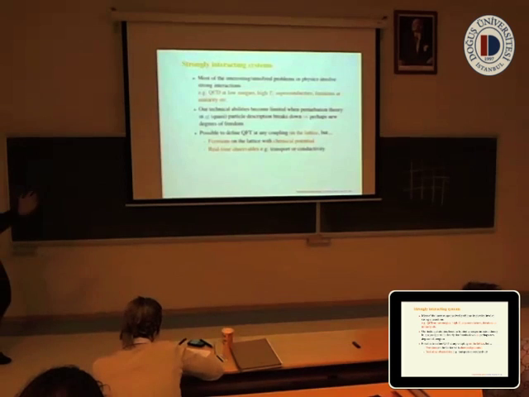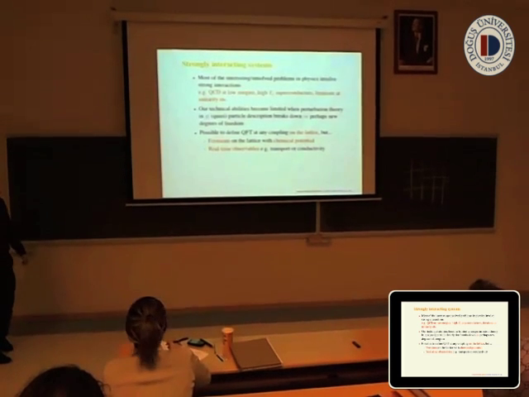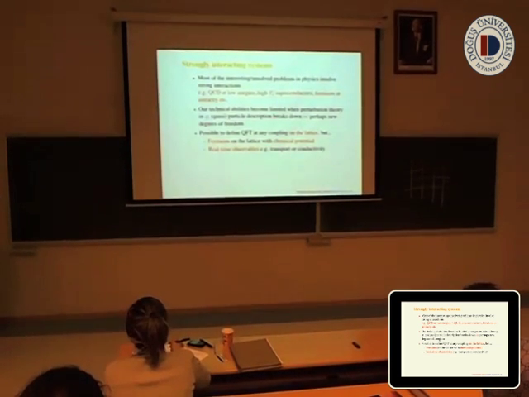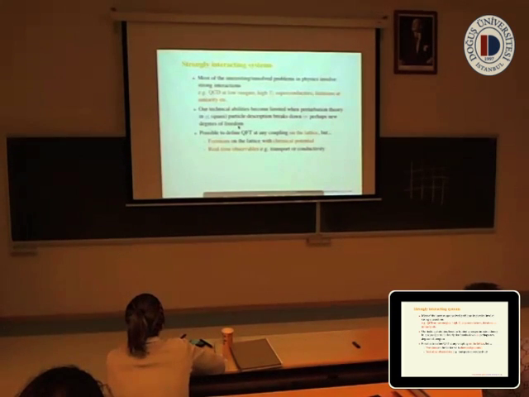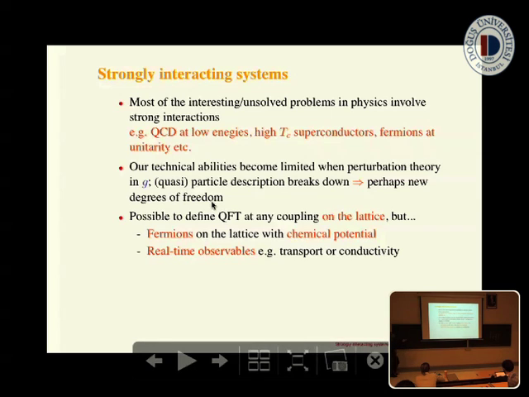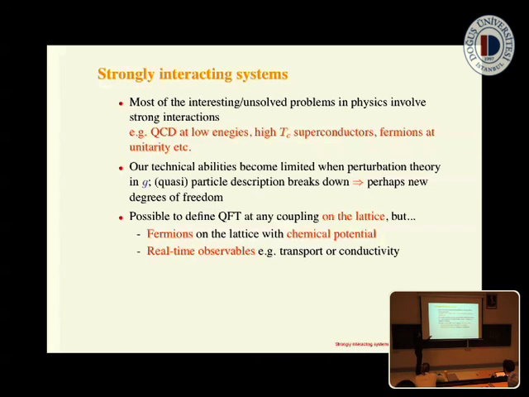But you cannot do Monte Carlo simulations when you have fermions with finite chemical potential, because you get some imaginary factors, not real factors. Similarly, if you want to compute Feynman two-point functions or retarded or advanced two-point functions, these are real-time observables, not Euclidean observables. Again, you cannot do these computations on the lattice. And these computations are very important.